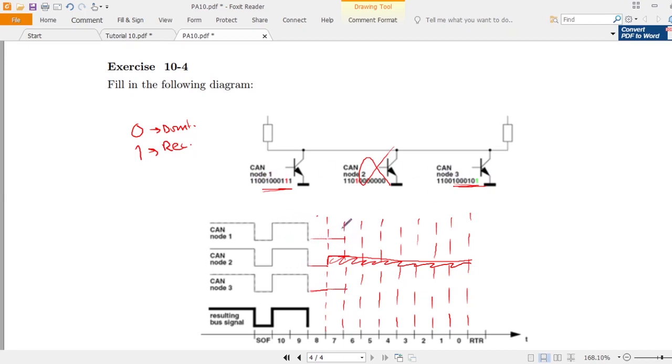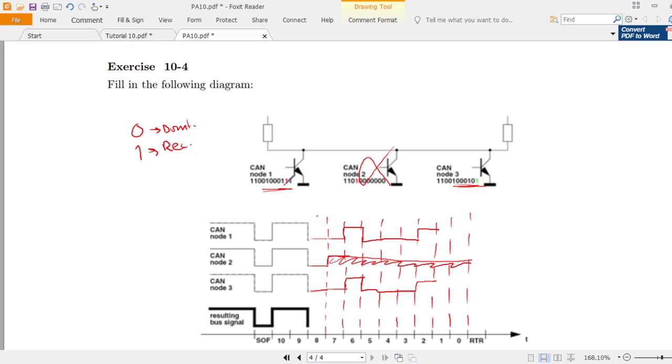Okay, so 1 3 zeros, 1 3 zeros, same. Then again 1 and 1, we go 1 and we go 1 again.